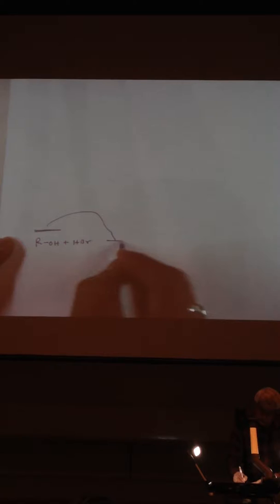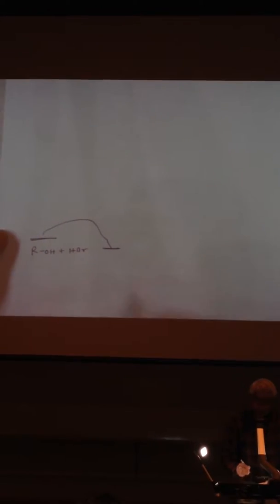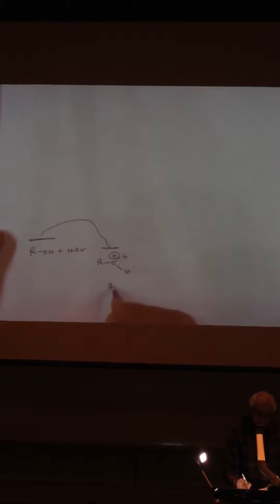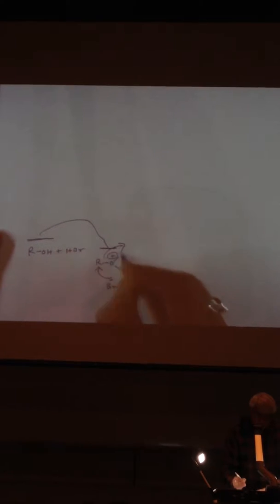the first step is the same. And at this stage now, breaking of this bond between R and O becomes so difficult that it needs a push from the anion, which is Br minus in this case, that attacks and breaks this bond.